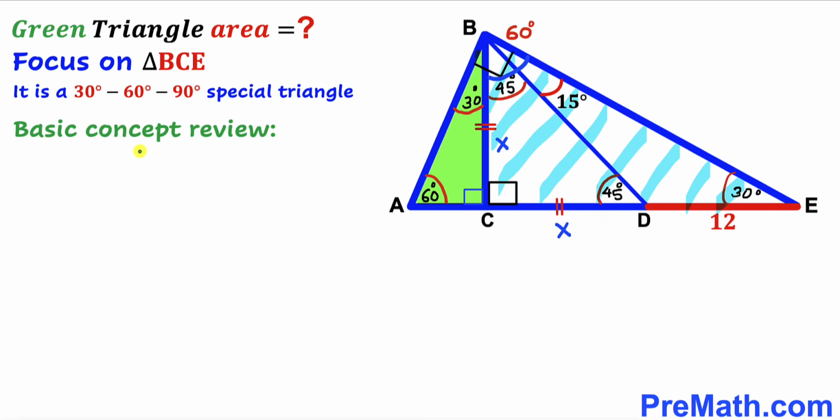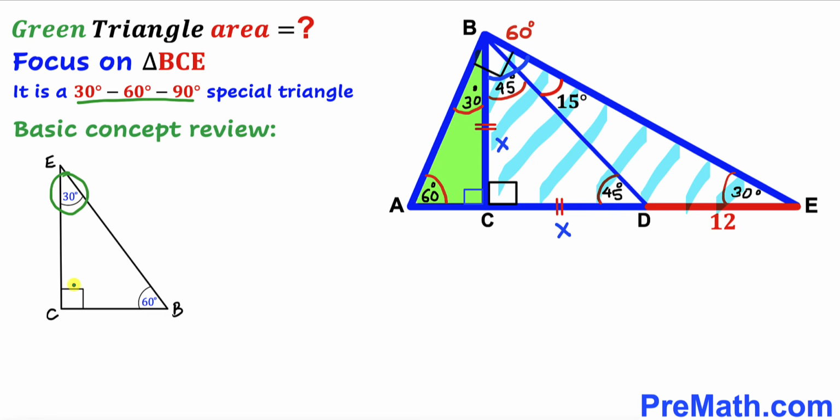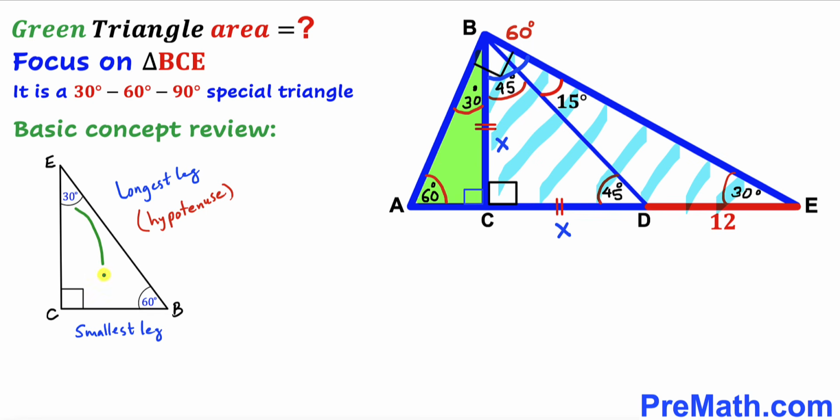Before we proceed any further, let me go over the basic concept review. Let's focus on this triangle BCE. This is our special 30, 60, 90 triangle. Here 30 degrees is our smallest angle, whereas 90 degrees is our largest angle. Therefore the side opposite the smallest angle is our smallest leg, whereas the side opposite the largest angle is our longest leg, also called the hypotenuse.